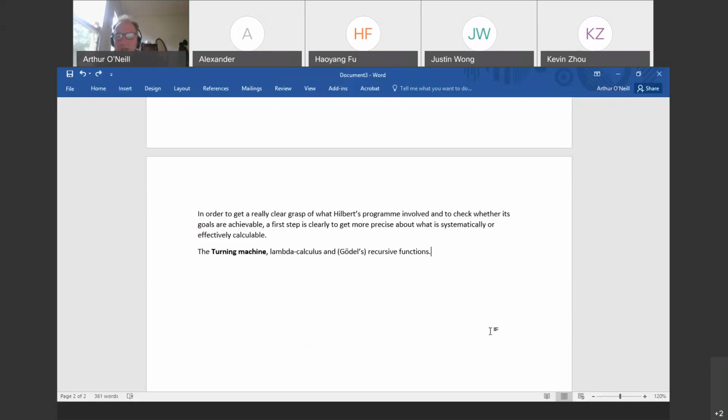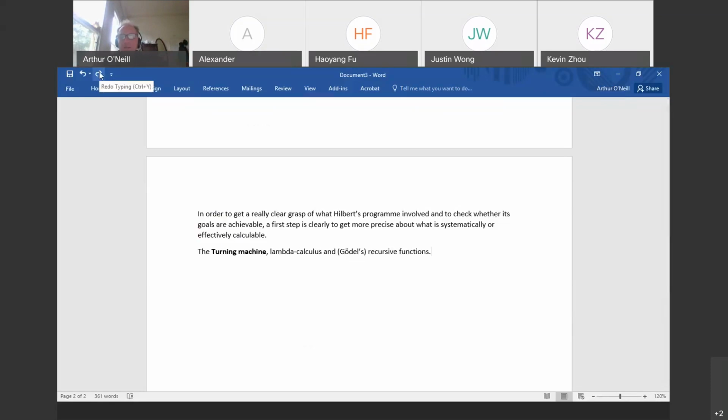So the only thing you can say is that the fact that these three all turned out to be the same gives strong evidence for it, as does the thought that nobody's ever managed to show that a human might be able to do something that none of these machines can do.